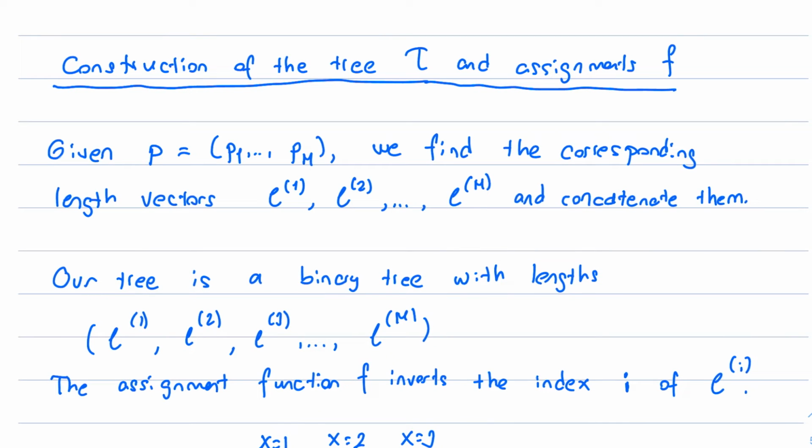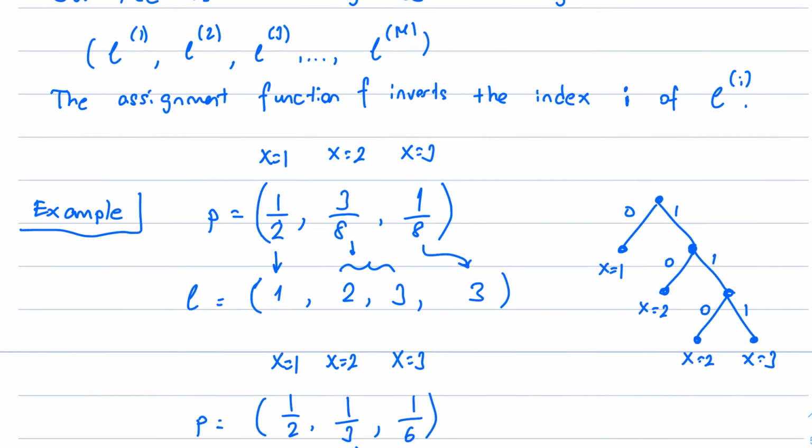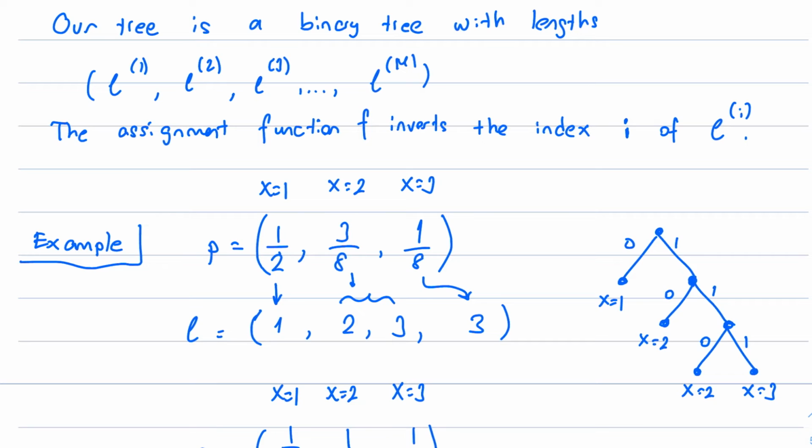Let's see how we construct the tree and the assignments f. Given the p vector, we find the corresponding length vectors L1 up to Lm, and we concatenate them to get a combined length function L. And the assignment function f just inverts the index i from the L_i's.